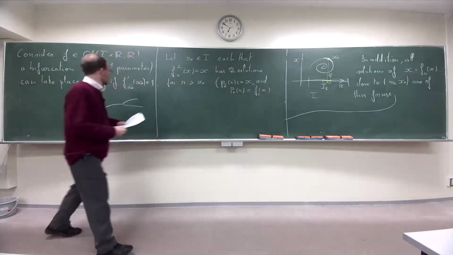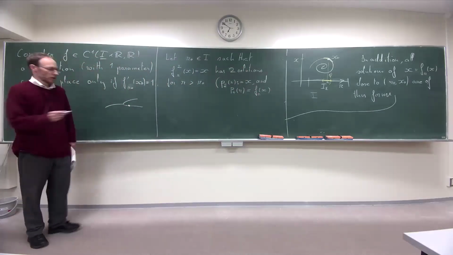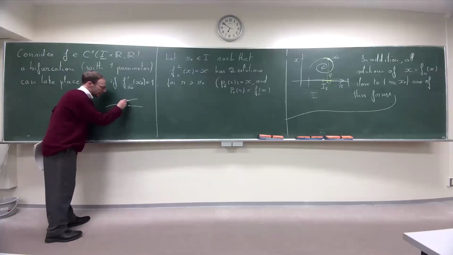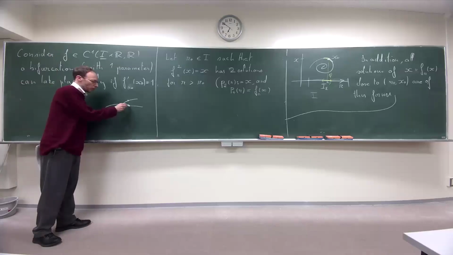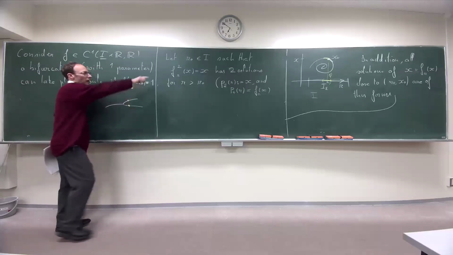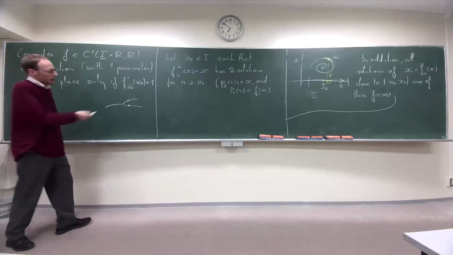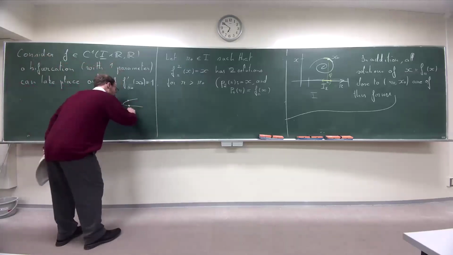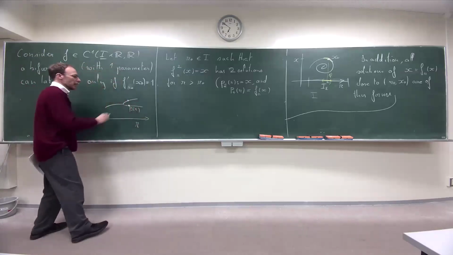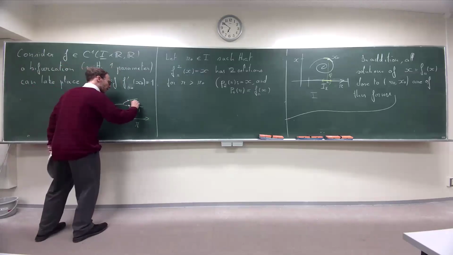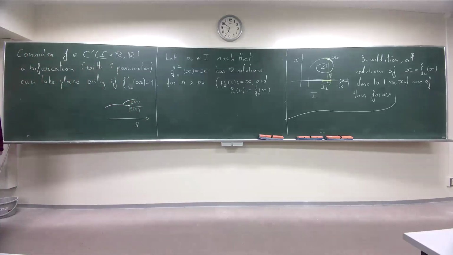Why? Because if I take this value, it's not a fixed point. If I apply f, I get here. But when I apply f again, I'm here. So these two points are fixed points of this equation where you apply f two times. So I call one of them P minus of R. This is still the parameter R. And the other one is P plus of R. Both are solutions of this equation.